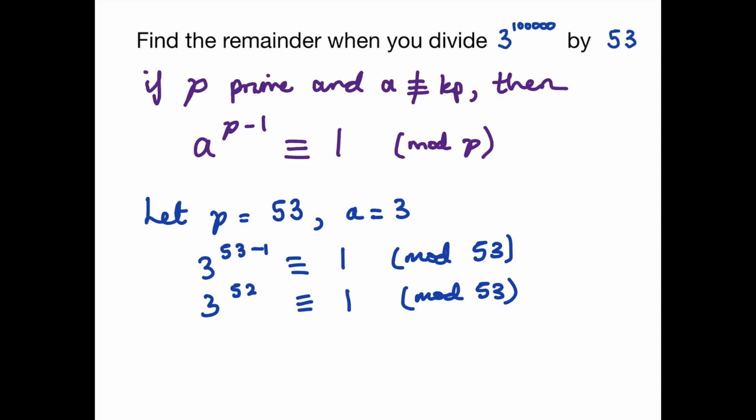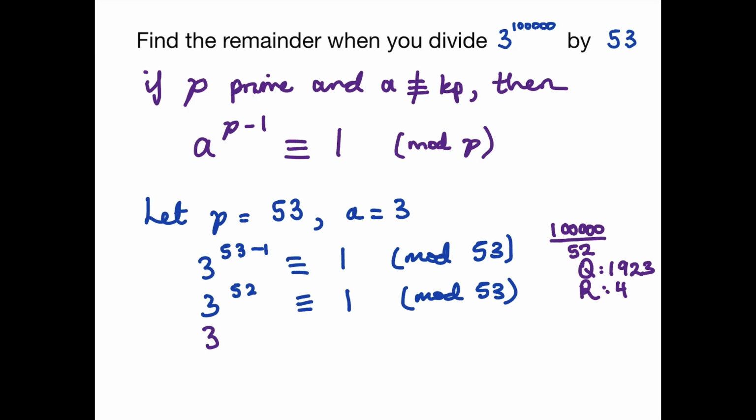If we divide 100,000 by 52, our quotient will be 1,923 and our remainder will be 4. So why don't we raise both sides to the power of the quotient?